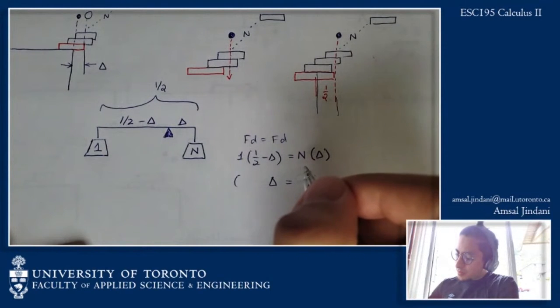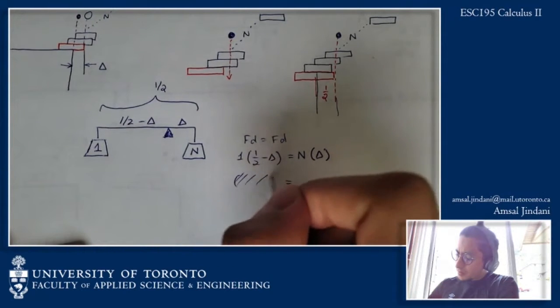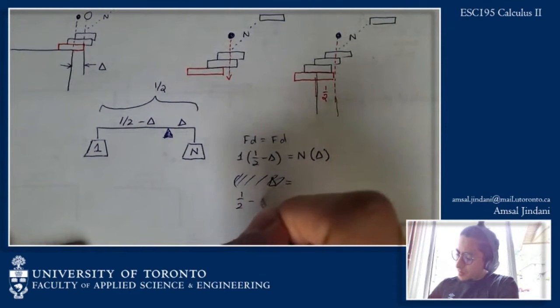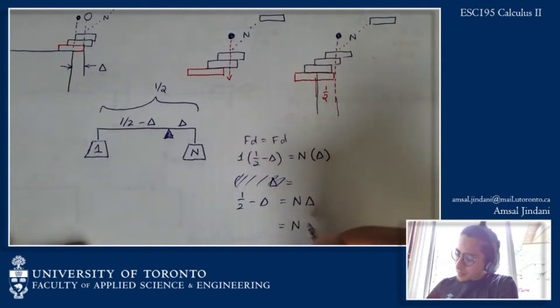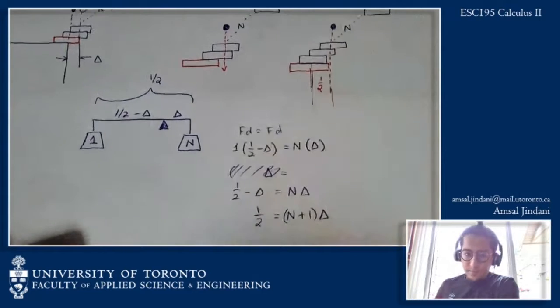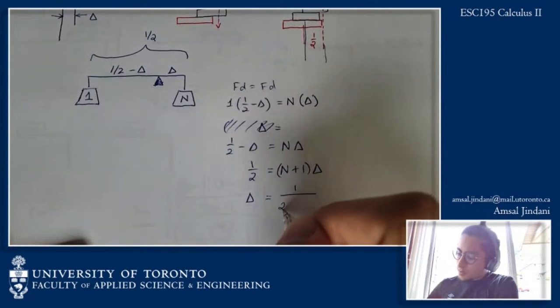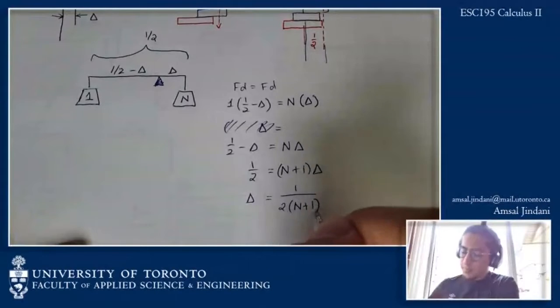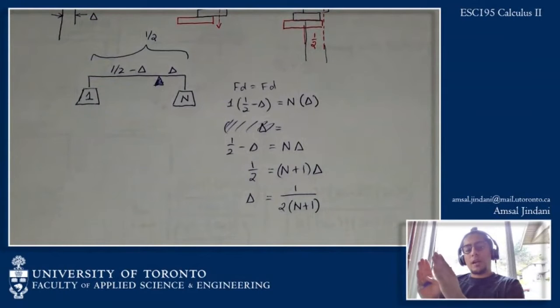Let me just think about this. Half minus delta equals n delta, and then n+1 delta is a half. So delta is equal to 1/(2(n+1)). So this is the change in the overhang after you add one more block into the system.